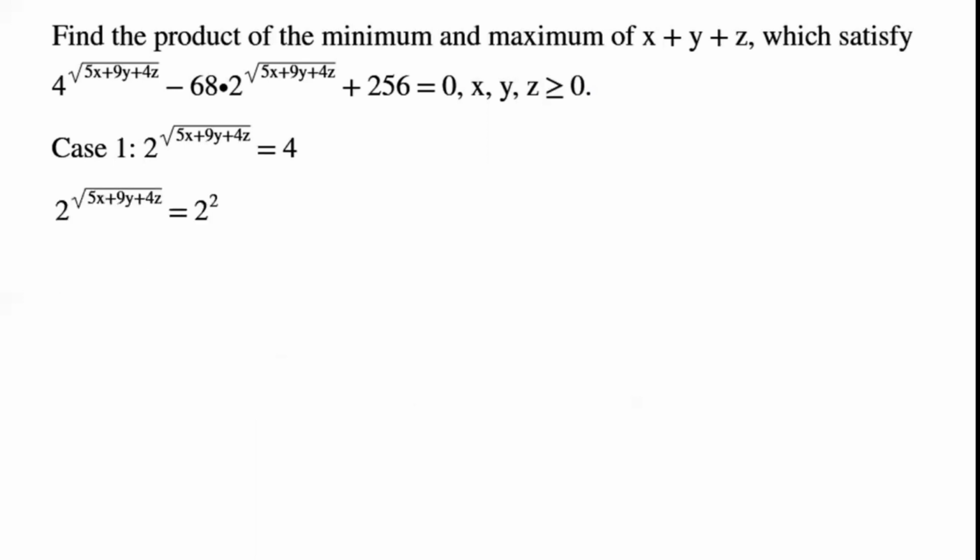The right-hand side of the equation can be written as 2 squared, so 2 to the power of root of 5x plus 9y plus 4z equals 2 to the power of 2. So root of 5x plus 9y plus 4z equals 2. So 5x plus 9y plus 4z equals 4.